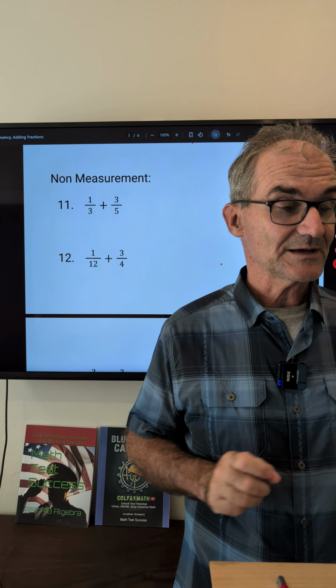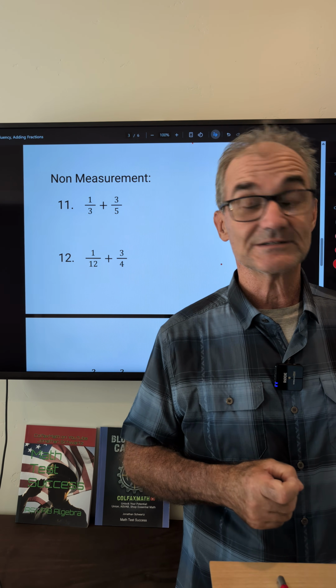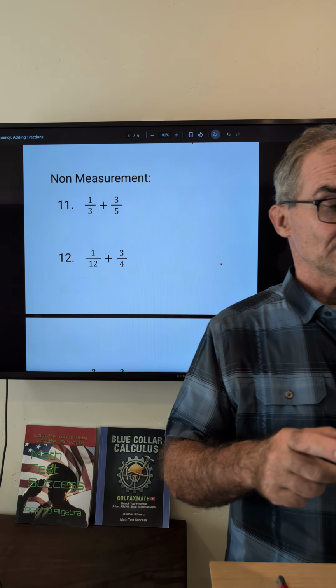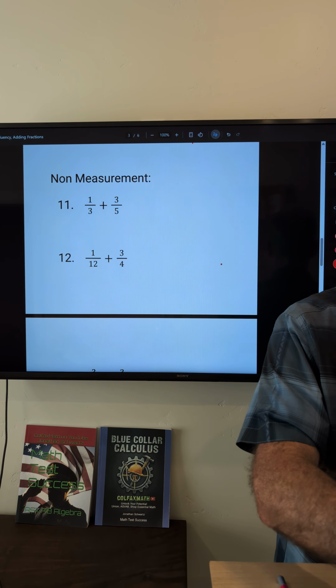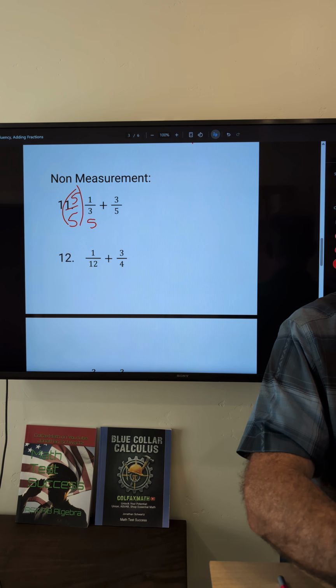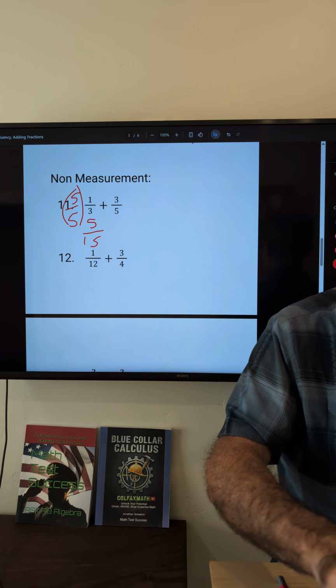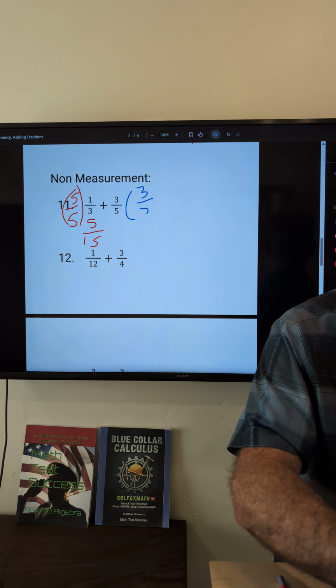You might have to multiply both of them. Again, I'll do this first one out, and then we'll see how quickly we can do the other ones. So the number that 3 and 5 will both go into is going to be 15. I multiply this first fraction by 5/5, giving me 5/15. I multiply the second fraction by 3/3.